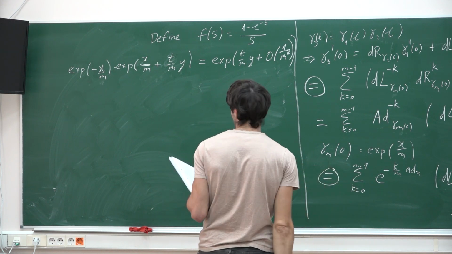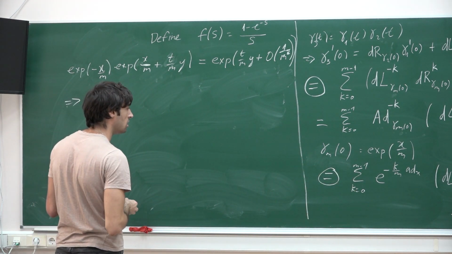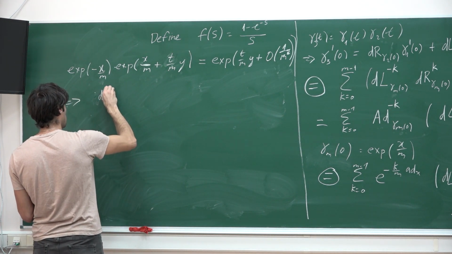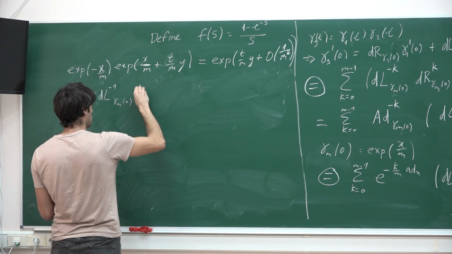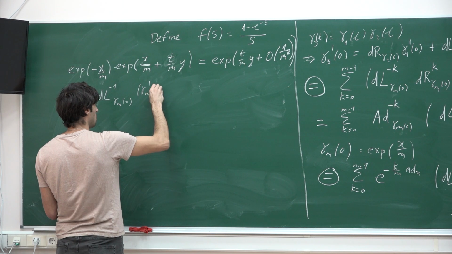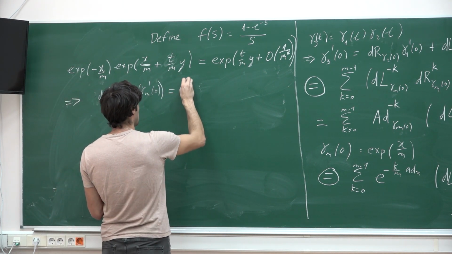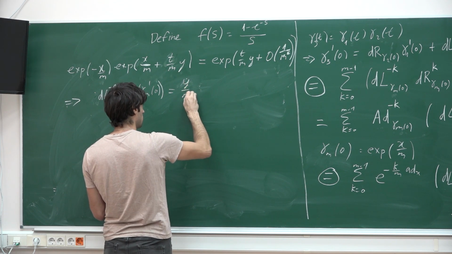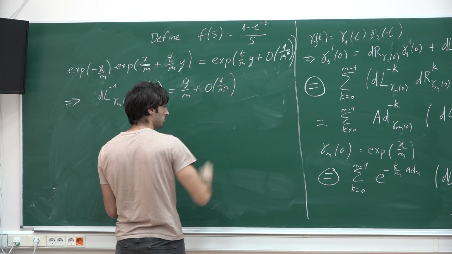So therefore dL inverse gamma m of 0, gamma m prime of 0 is just y over m plus O of 1 over m squared.